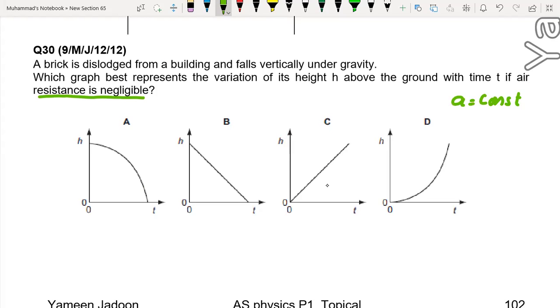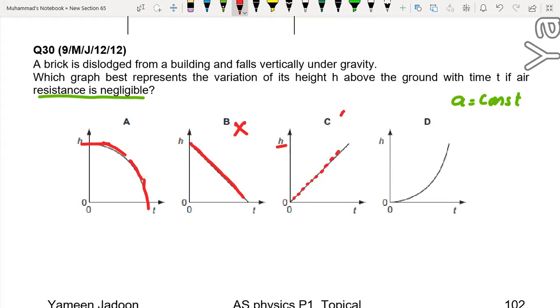Then the velocity-time graph should be a straight line, and the velocity of the object should increase. In the height-time graph, the gradient gives us velocity. The velocity is increasing. Over here, velocity is constant. Velocity can't be constant. Okay. In B, the gradient is constant.